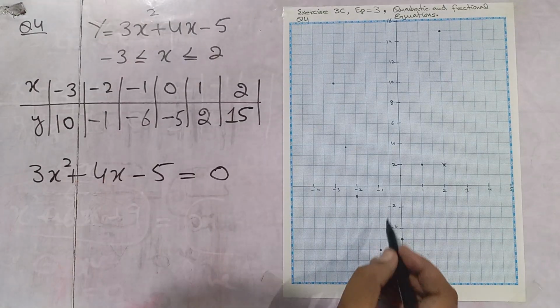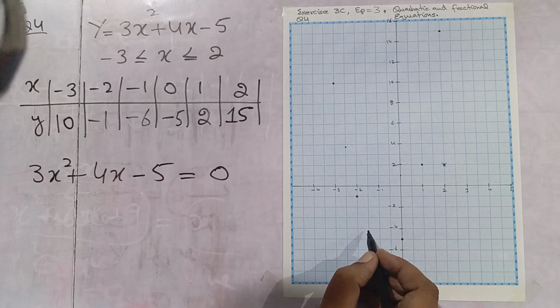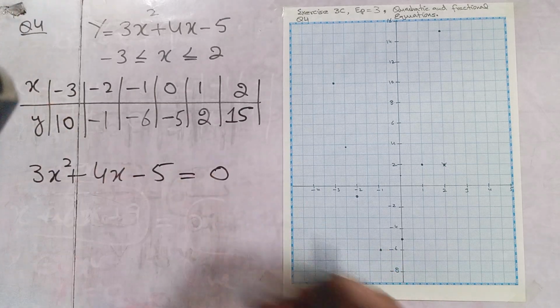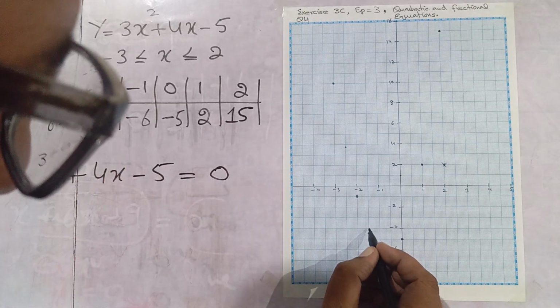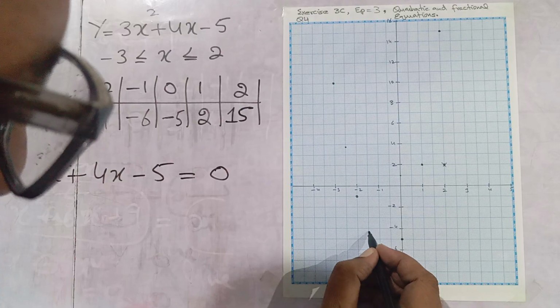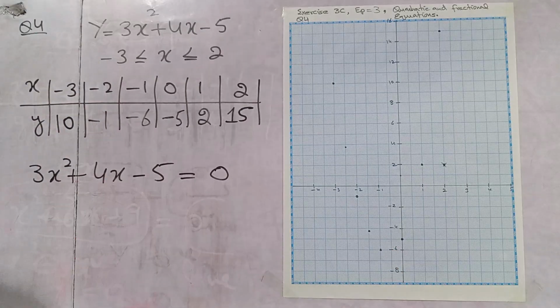Minus 4.25 will be here somewhere. Then I will take another point. Why am I taking extra points? To make this graph very smooth. The curve should be very smooth.